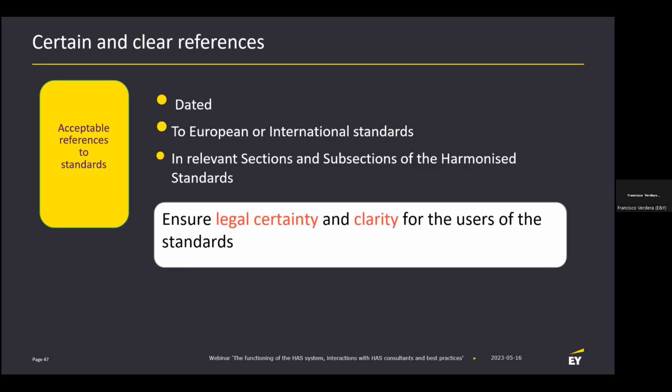Imagine that a standard makes not clear which is the version of the standard that has to be applied for a particular requirement. This could mean that possibly industry could be using one version, and then one or two or three market surveillance authorities could be using another one, or a testing house could be using another. So in reality, it is for the benefit of everybody that we understand precisely which is the version of the standard that is cited in the context of a harmonized standard.